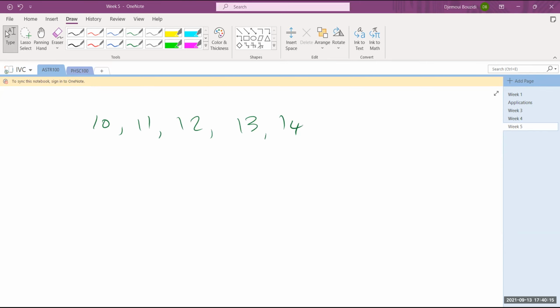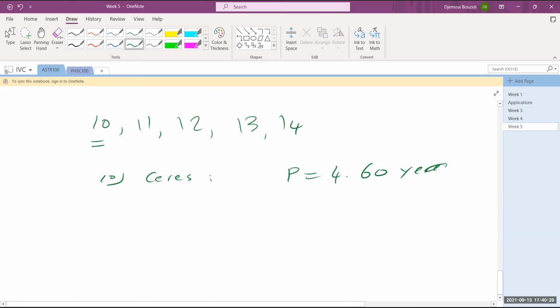Okay. So the first one, 10, talks about Ceres. It says that Ceres has a period P of 4.60 years. What is its semi-major axis, a? And where is it in the solar system?